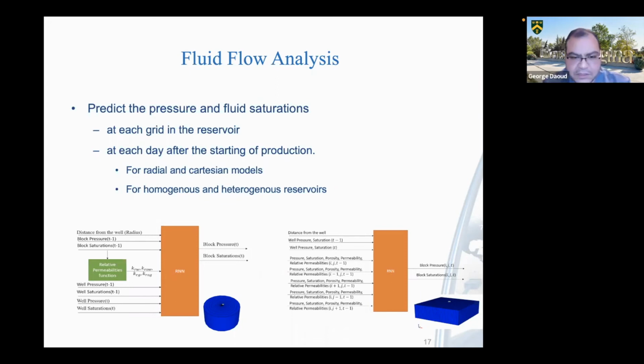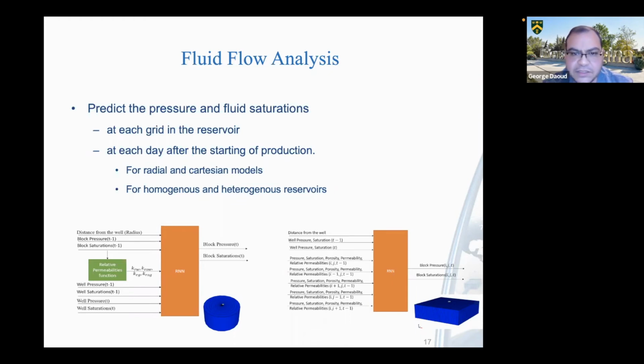As you can see in the figures below, the reservoir is divided into grid blocks, and for each grid block there are 4 quantities to be calculated, which are oil saturation, gas saturation, water saturation, and the pressure in this block.